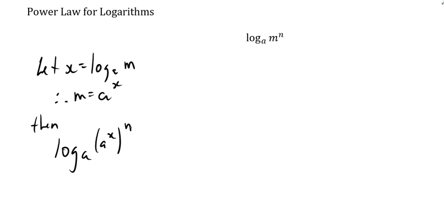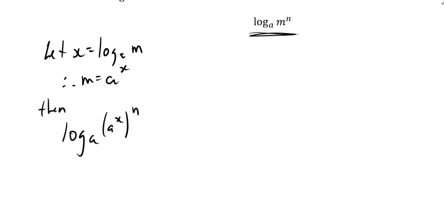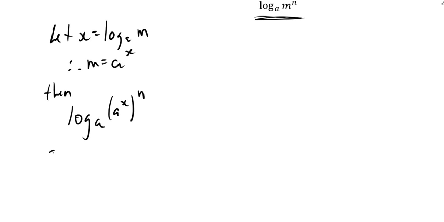Is that okay? I just subbed in for m there, right? You could just watch if you want. You could write it down after. Okay, so now I can write log base a of a to the x times n.